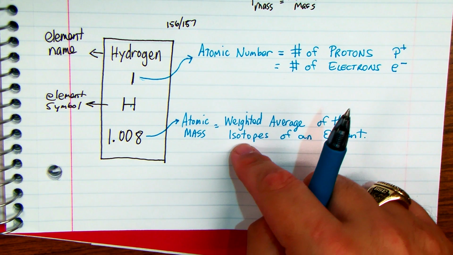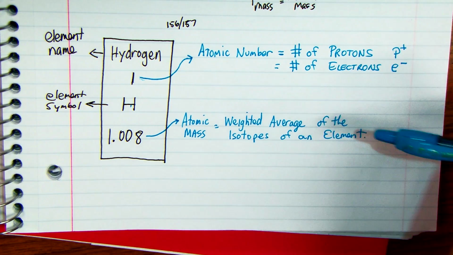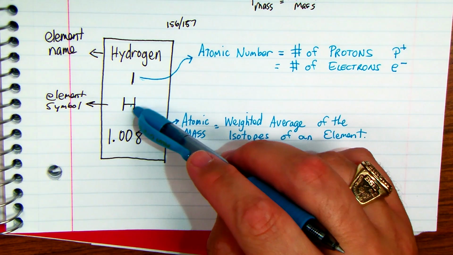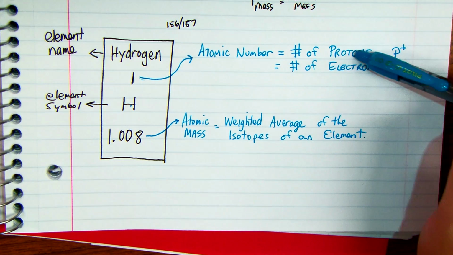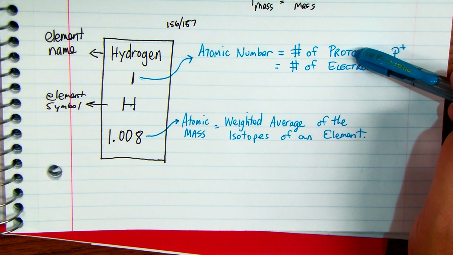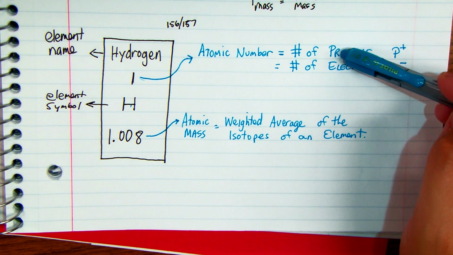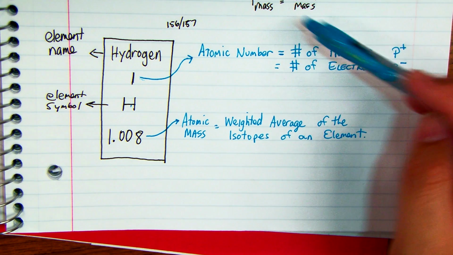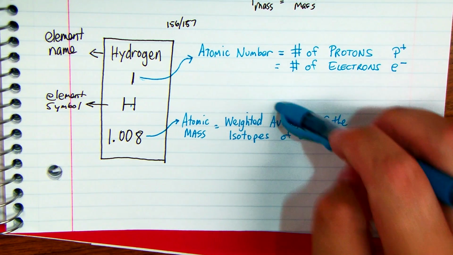Now, let me ask you this. Do you think the number of protons, if we're talking about 3 different versions of hydrogen, is going to change? No. Because the number of protons in the nucleus is going to tell us which element we have.